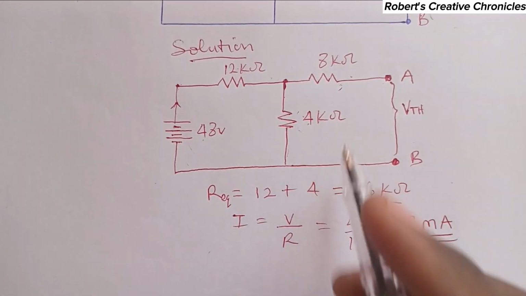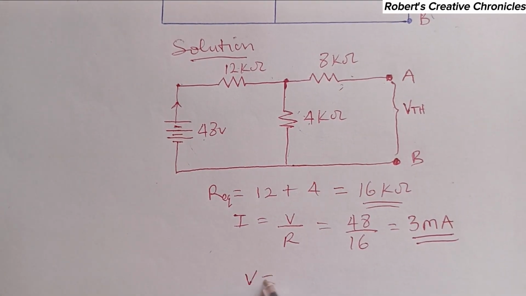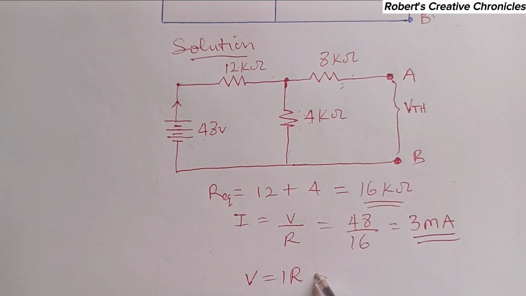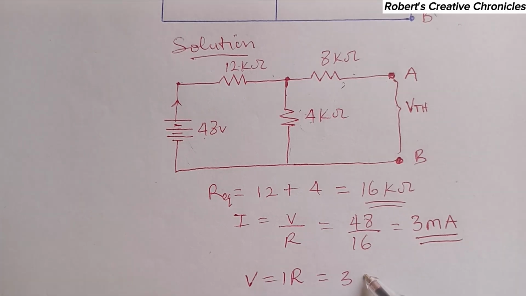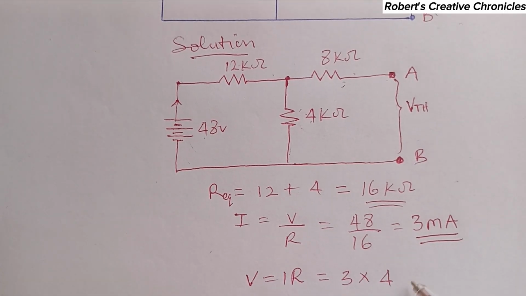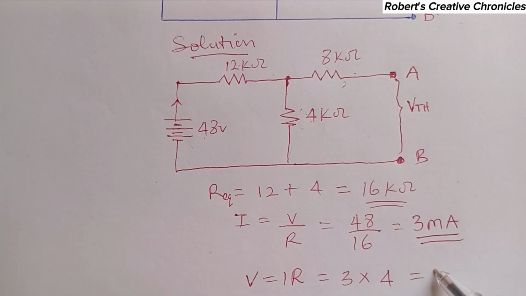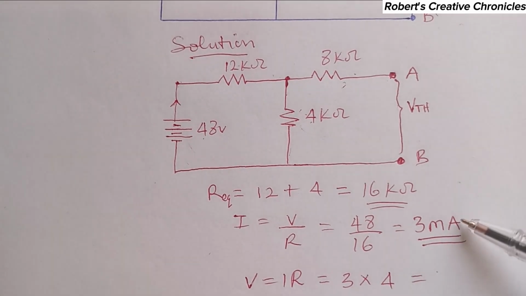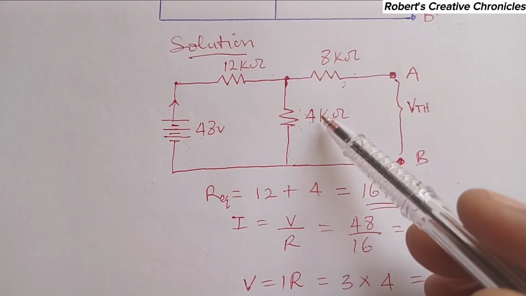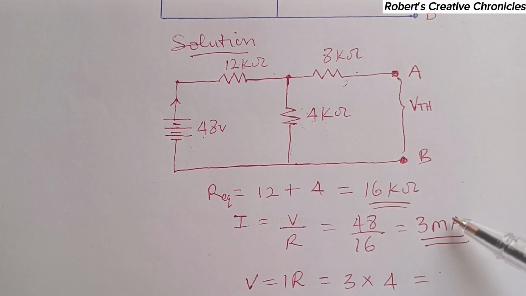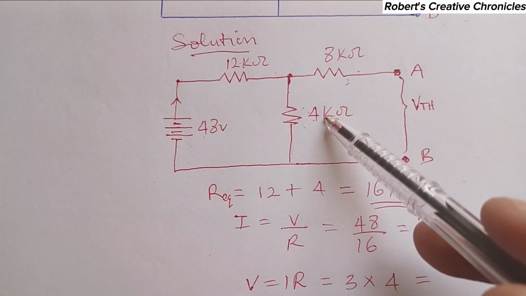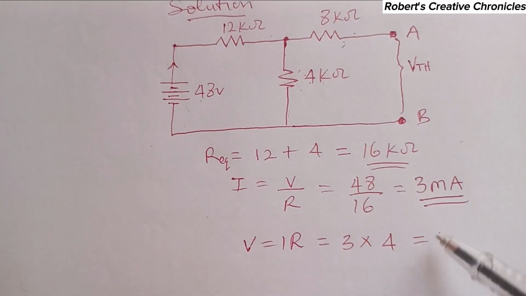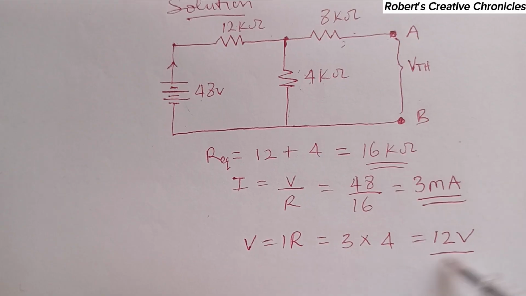So now the voltage in this 4 kilo ohm resistor is V equals IR, which is 3 times 4. This is 3 milliampere and this is 4 kilo ohms, so the milli and kilo cancel each other: 10 raised to the power minus 3 and 10 raised to the power 3 cancel each other. So it becomes 12 volts.